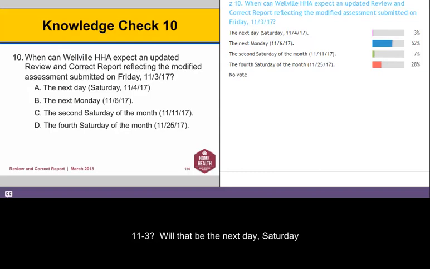Will that be the next day, Saturday, 11/4, the next Monday, 11/6, the second Saturday of the month, 11/11, or the fourth Saturday of the month, 11/25? Remember when the calculation is done as you contemplate how to answer this question. So when do you think the agency can expect an updated review and correct report reflecting that modified assessment to appear?